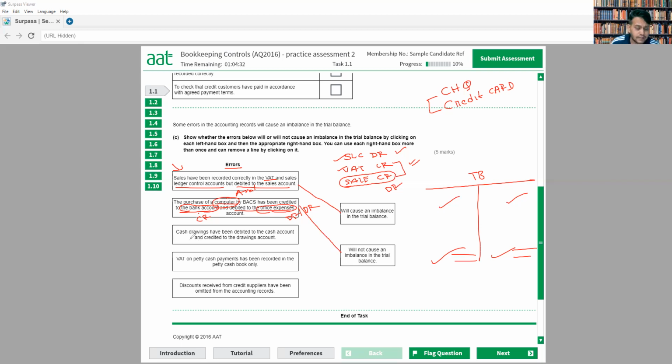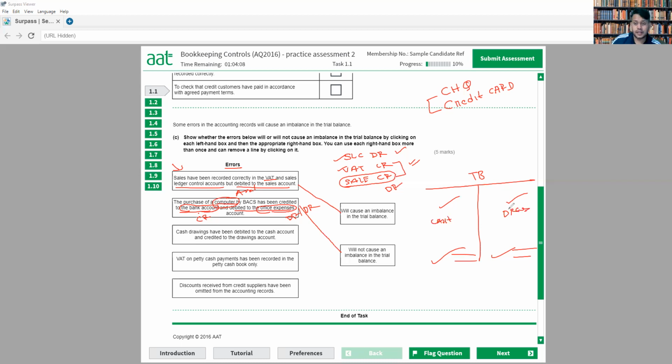The next one: cash drawings have been debited to the cash account and credited to the drawings account. So they're done opposite. It's supposed to be drawings debit and cash credit, but we did the opposite. We said cash debit and drawings credit. So the drawings came to this side and the cash came to this side.